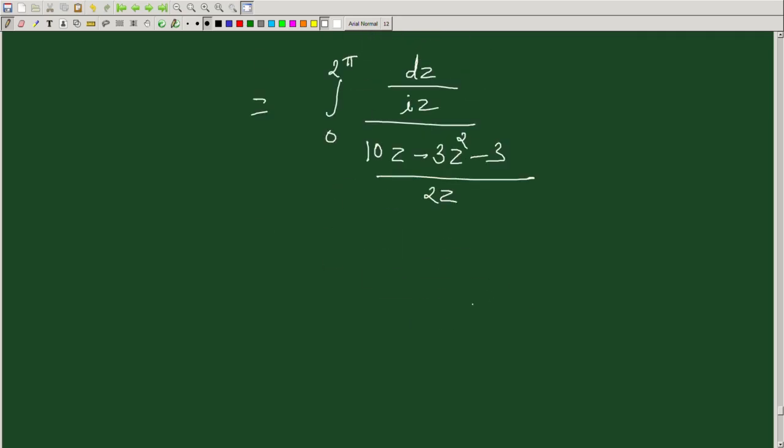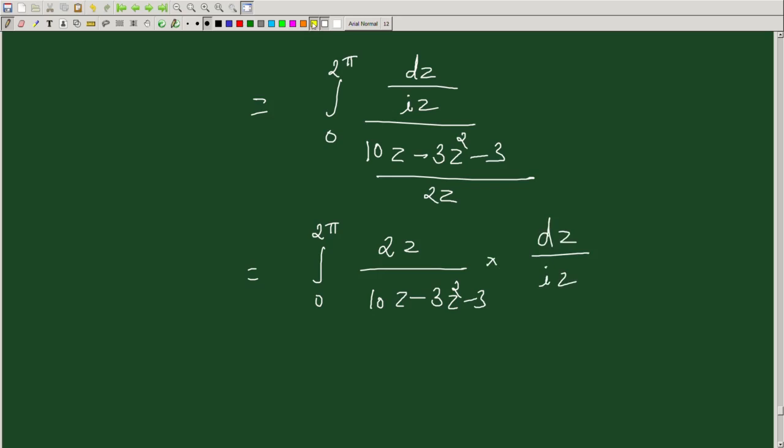So next, writing the reciprocal. So how to write? Integral 0 to 2 pi, you can write 2z divided by 10z minus 3z square minus 3, into numerator dz by iz.